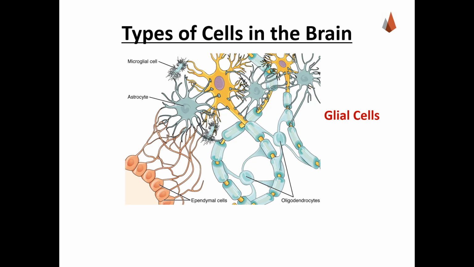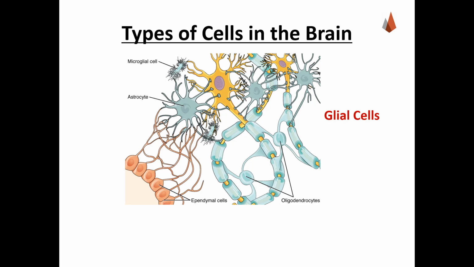So let's look at the oligodendroglial cells. These cells provide myelin in the central nervous system and in the peripheral nervous system. Oligodendroglial cells are what speed transmission along the axon of a myelinated axon.